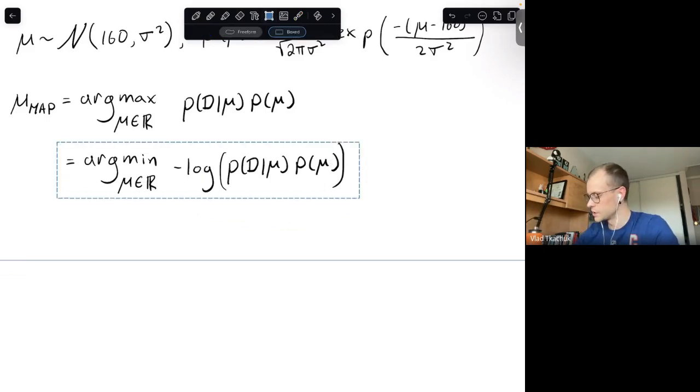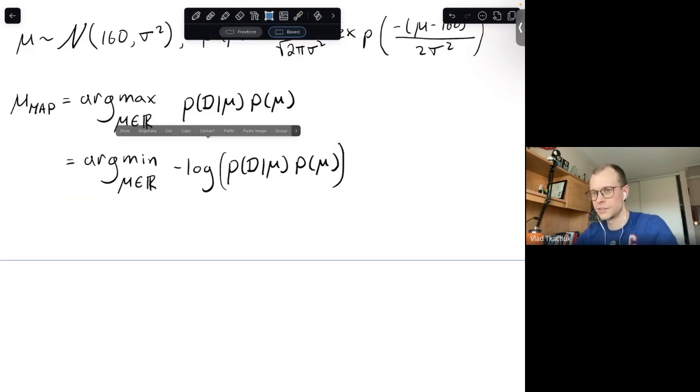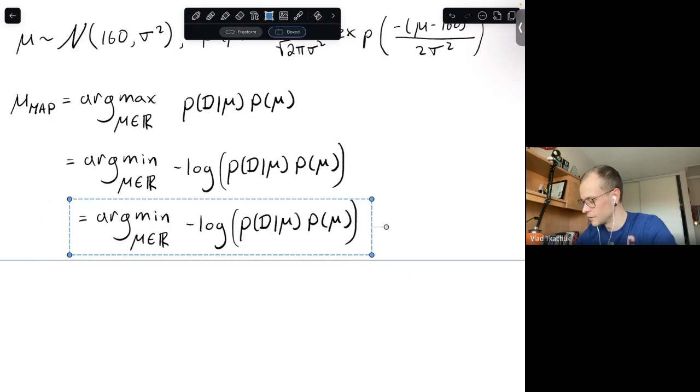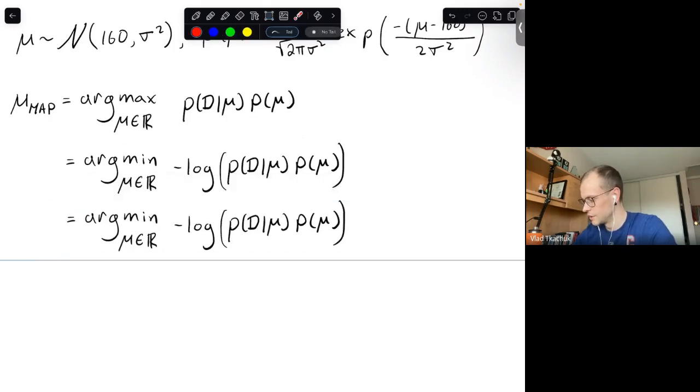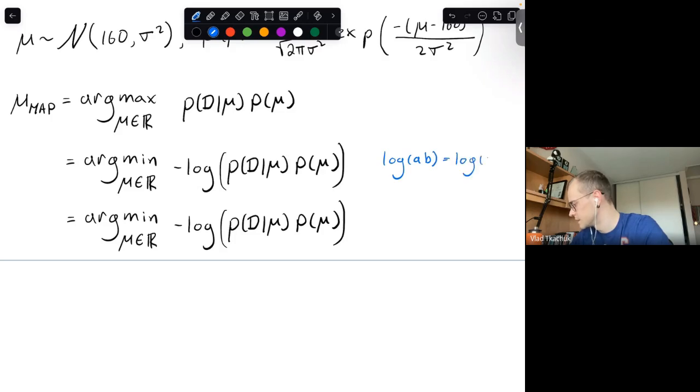Okay, but now what's nice is that this logarithm allows us to nicely expand the product of these two PDFs. So notice how these things are multiplied. This is the product of them. Well, you might remember there was this property of the logarithm that we've used many times, and exactly why we're using the logarithm here is that this holds.